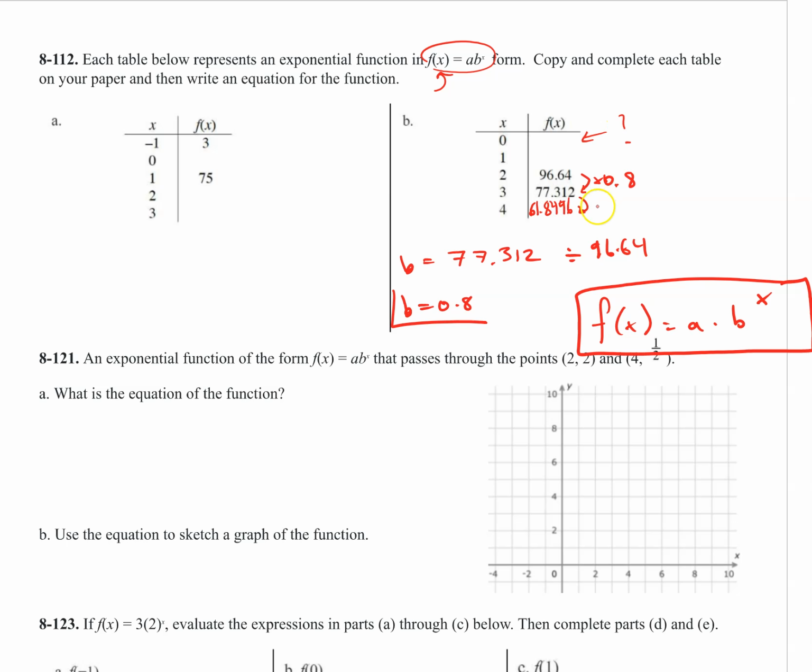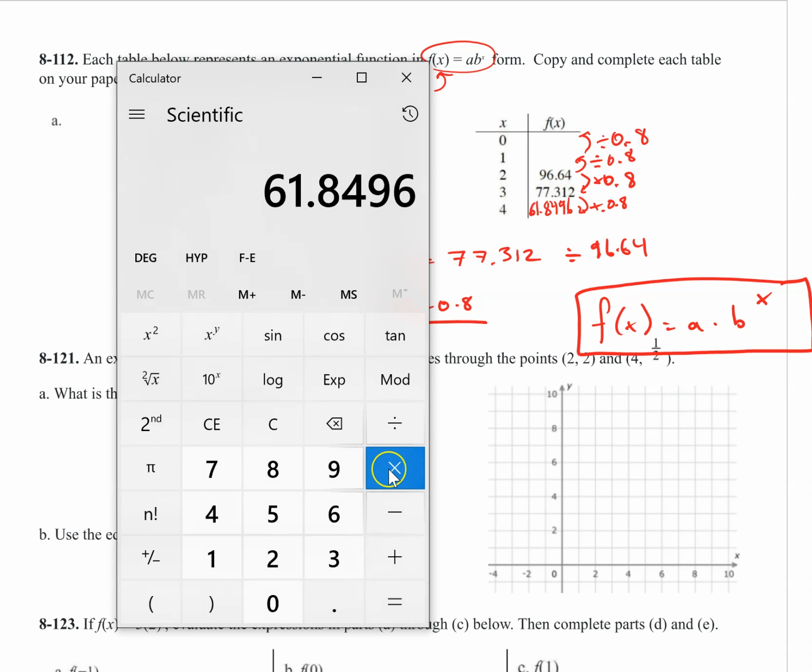All right, now if you want to go backwards in the list, you do the opposite. So instead of multiplying by 0.8, you divide. And we had to do this twice. Then we'll get to the starting value. So let's start with 96.64. 96.64 divided by 0.8.